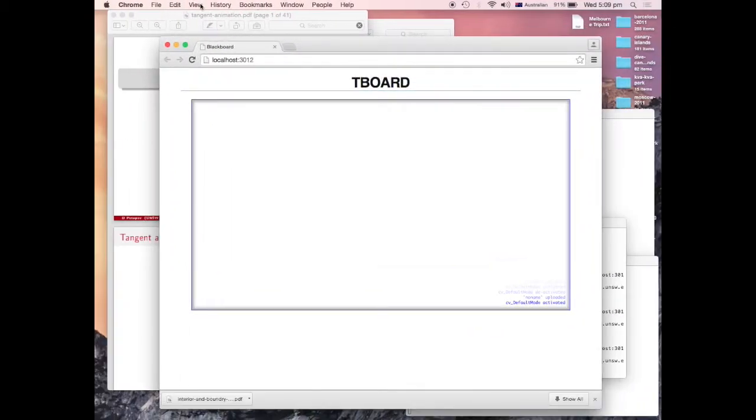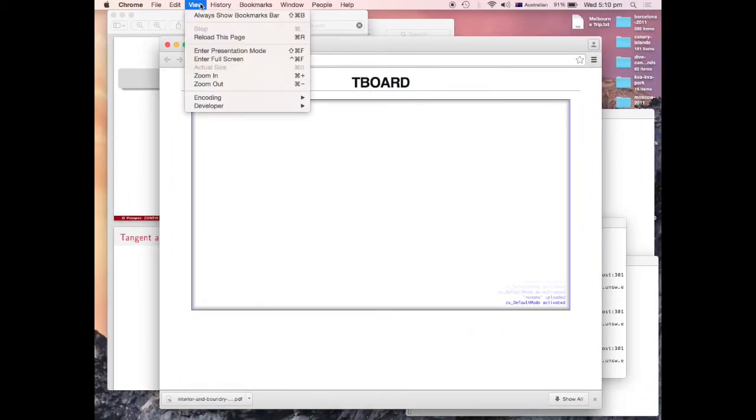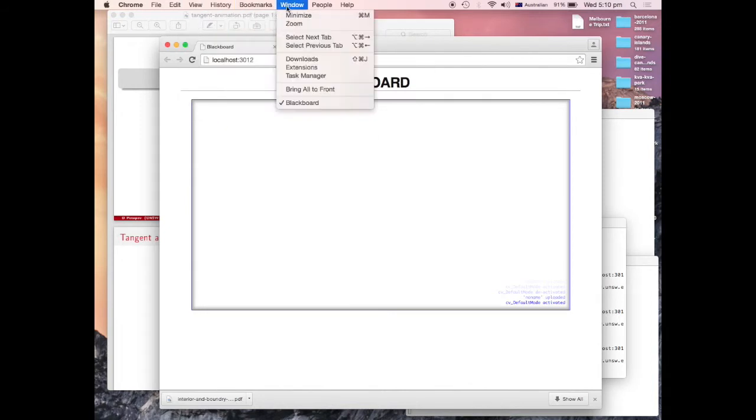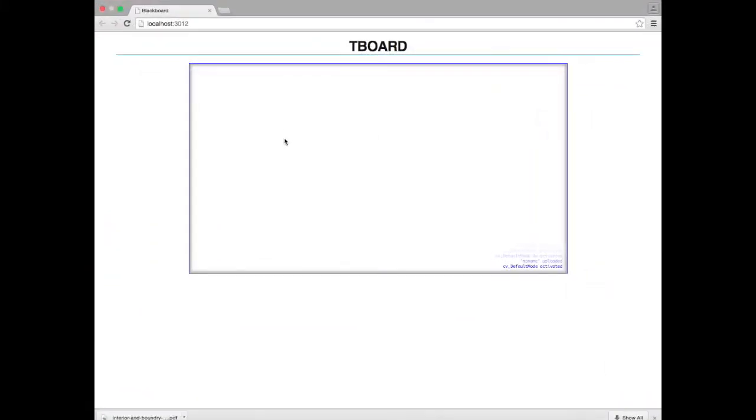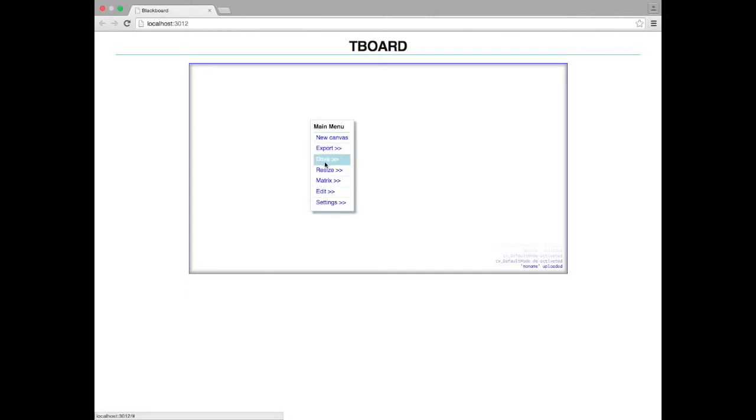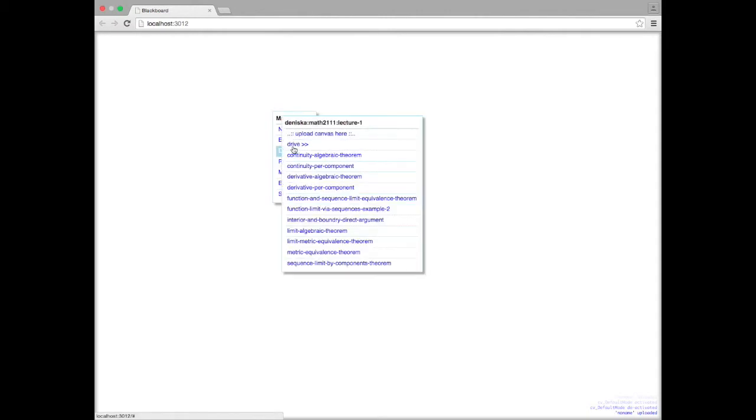I don't understand. It doesn't matter. It doesn't give me the full screen, but it doesn't matter. Here it is. Derivative per component theorem.